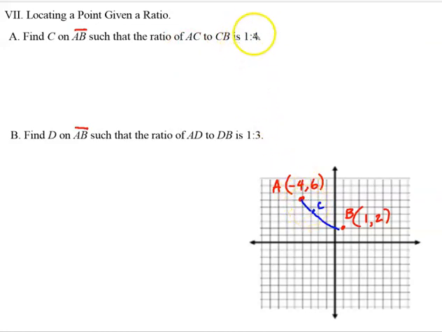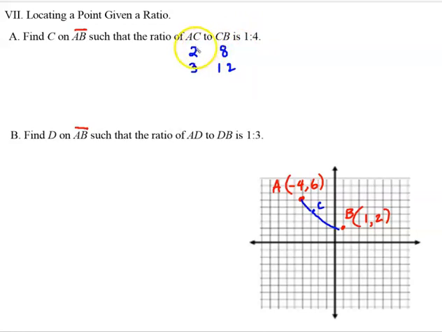That's what this ratio of 1 to 4 means. In other words, if AC is measured at 2 units, then CB must be measured at 8 units. If AC is measured at 3 units, then CB has to be 12. That's a 1 to 4 ratio.